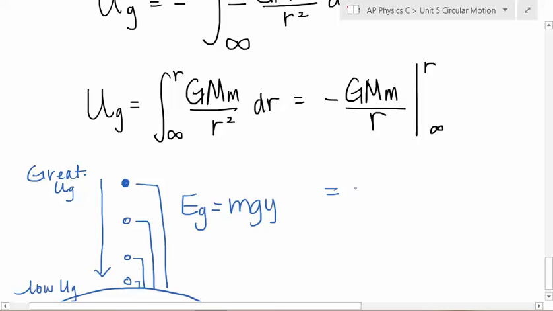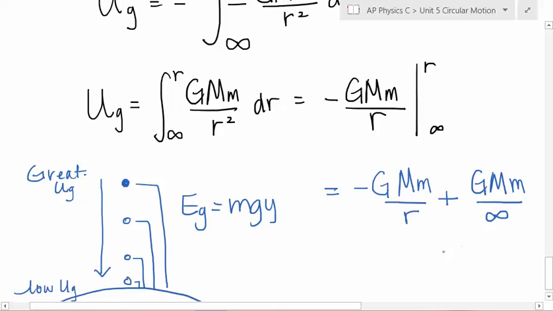we'll have negative G m over r minus the negative G m over infinity. So what is G m over infinity? Right, it goes to 0. So now I have a reference that is 0.